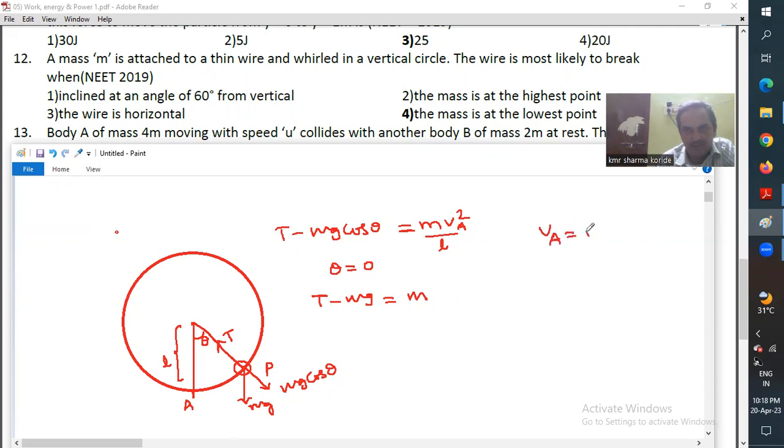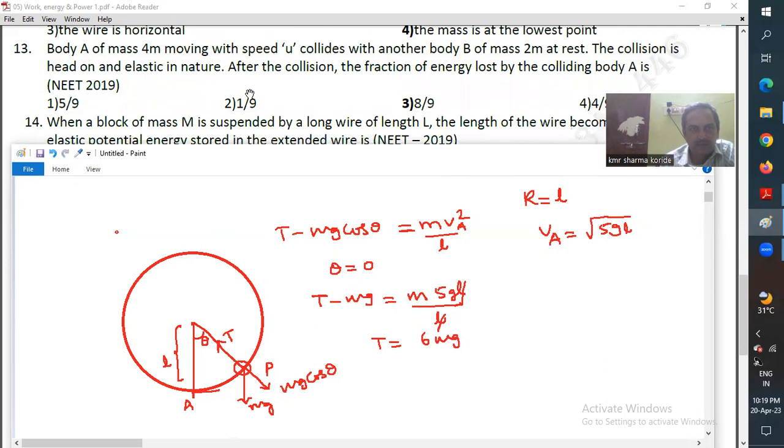So particularly 5 gL, because R is equal to the length of the string. So this is 5 gL divided by L, and L gets cancelled. So mg will come to this side. So T is maximum at point A, that is the lowermost point. So this is going to be 6 mg. So the last option is correct. This is also given in 2019.